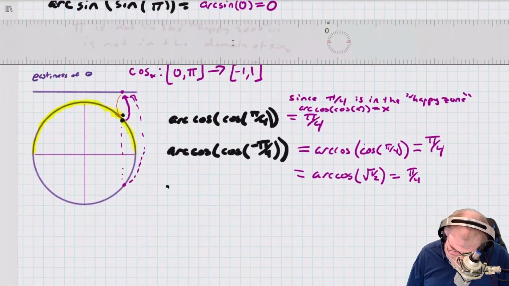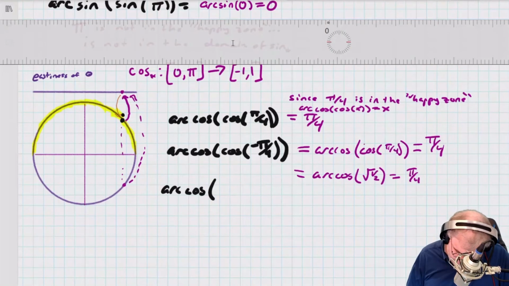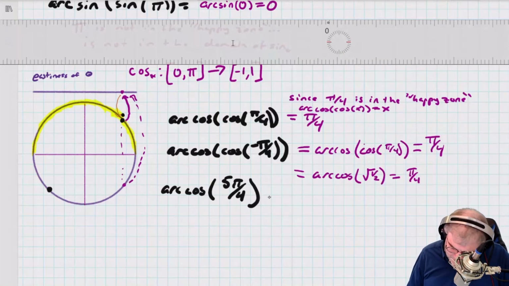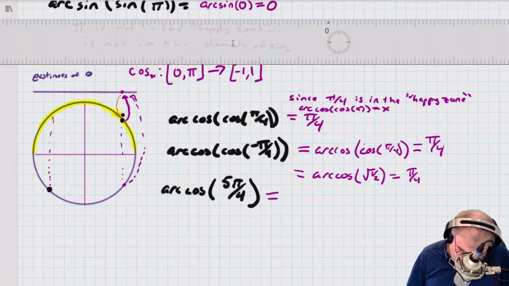For another example, let's do arc cosine of this point here. So that is pi plus pi over 4. Whatever that is. So that'd be 5 pi over 4. And that equals, so what I'm going to do is map this up to the place that's in the happy zone.